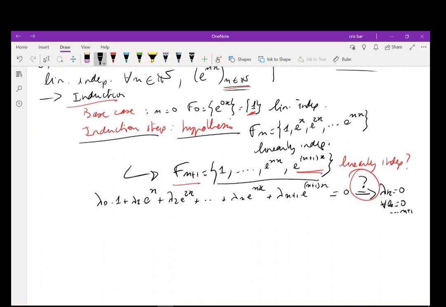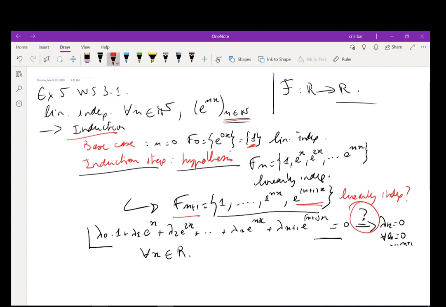So how do we proceed? This equality is assumed to be satisfied. It's equal to 0, and it's assumed to be true for all x that belong to R, right? Because we are in our vector space of functions, and my vectors are these functions.